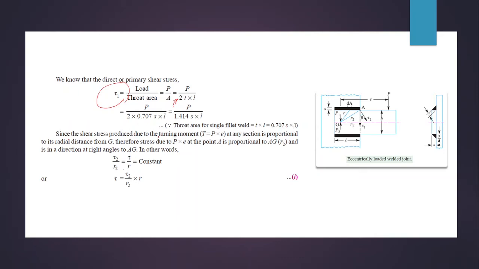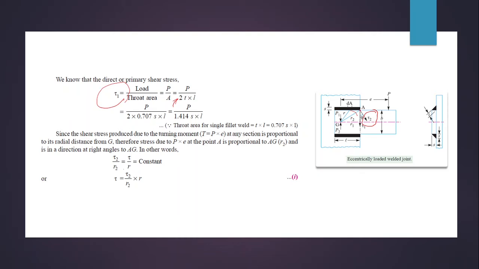Since the stress produced due to the turning moment T, equal to P into E, at any section is proportional to the radial distance from G, we can say that the shear stress produced due to turning moment, tau 2, at any particular point is directly proportional to the radial distance from the center of gravity.